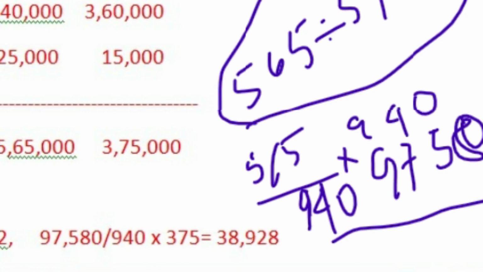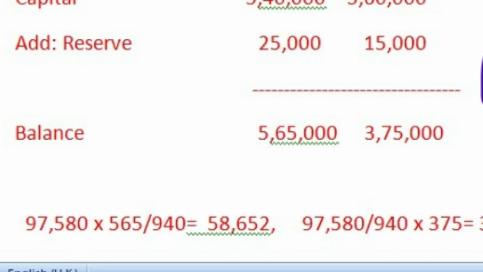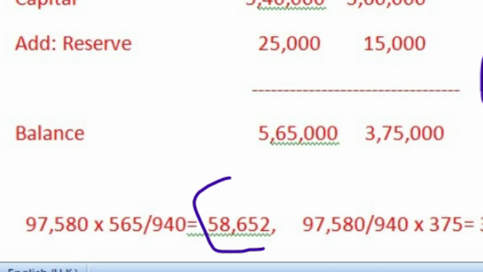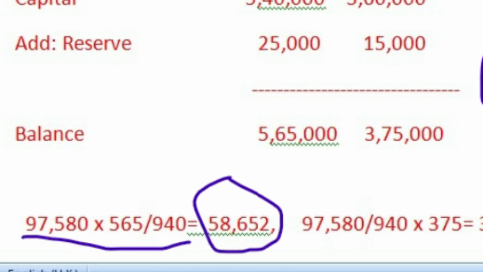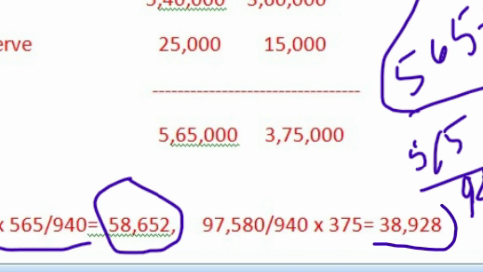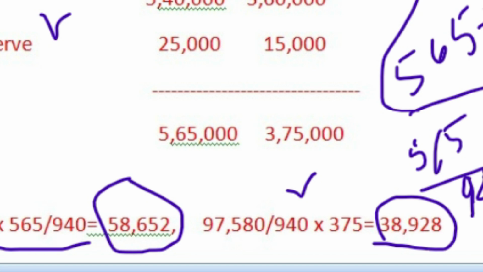This 565 plus 375 equals 940. If you calculate the amount on 97,580, X will bear a loss of 58,652. This is the way of calculation. And Y will bear a loss of 38,928 rupees. So this is the Garner versus Murray principle.